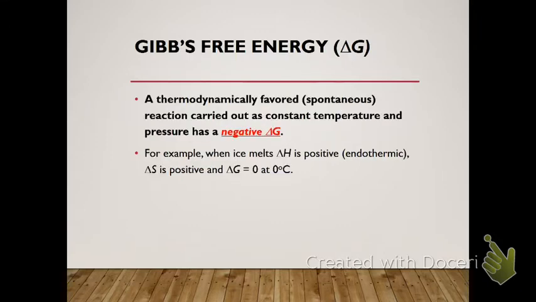We want a negative delta G. A negative delta G is going to tell us that we are spontaneously favored, not spontaneous, we don't use that word anymore, thermodynamically favored. At equilibrium, this is going to be important later on. This is an example of when ice is melting at the equilibrium point. Delta G is going to be 0, and that is going to be important for us.